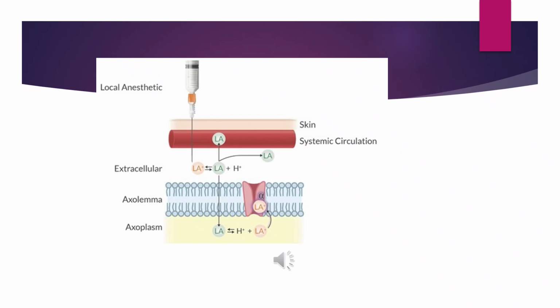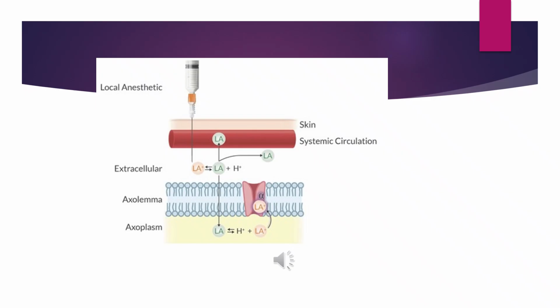Then we come to the distribution. After uptake, LA is distributed throughout the body from the blood. After uptake, the LA is absorbed into the blood, and from the blood it distributes throughout the body to all the tissues. Diffusion into the body parts depends on the perfusion level and muscle mass.